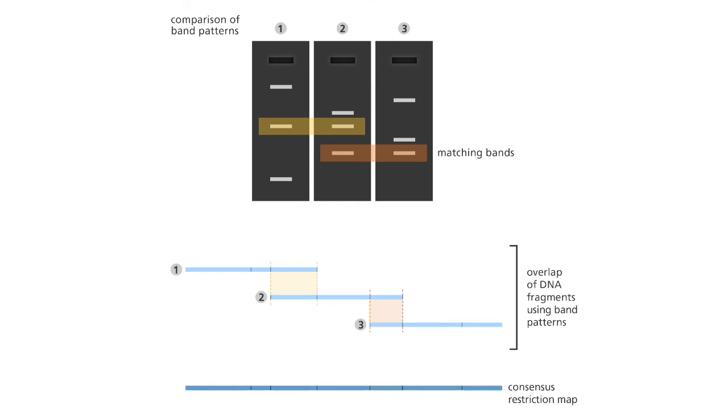So the general idea is that by finding common bands across multiple BACs, you can get an idea of which BACs are overlapping each other on the original genome sequence. That will then allow you to assemble those BACs and figure out which ones follow which.